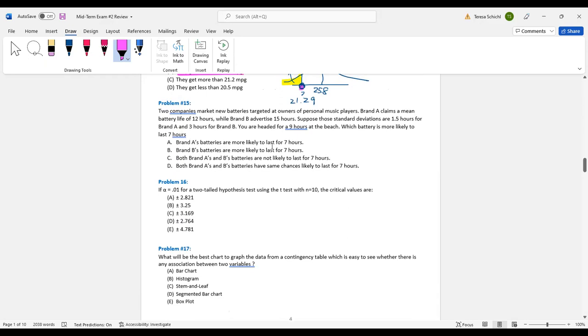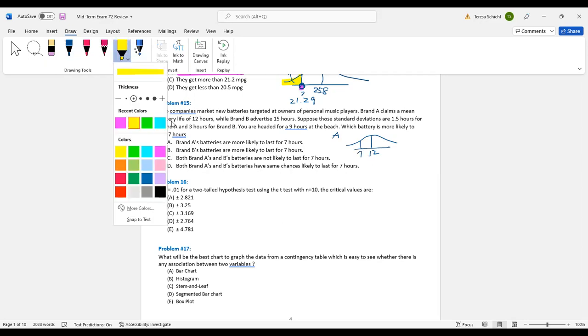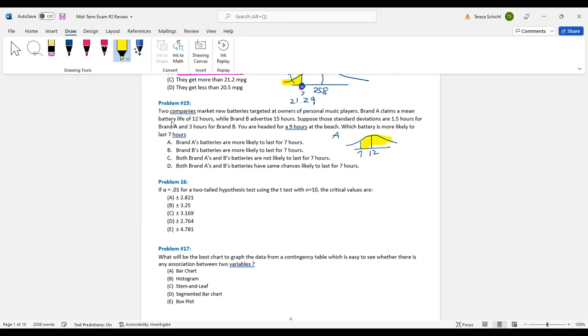Suppose the standard deviation is 1.5 for A and 3 for B. You are heading for 9 hours at the beach, and which battery is most likely to last 7 hours? Basically, this is your A, and A's mean is 12, right? So they want it to last for 7 hours, so you want to find this yellow area.